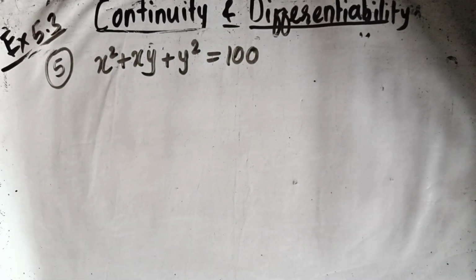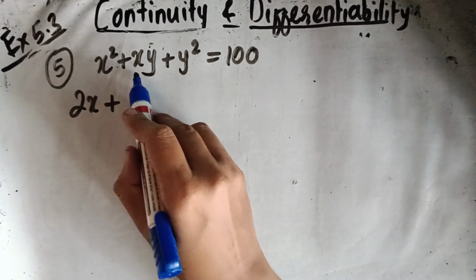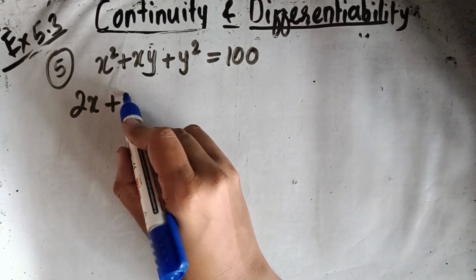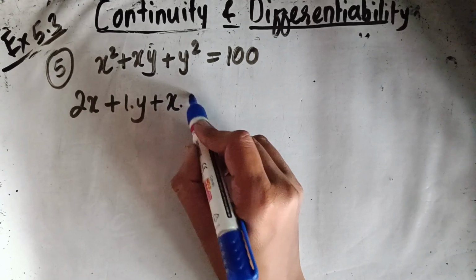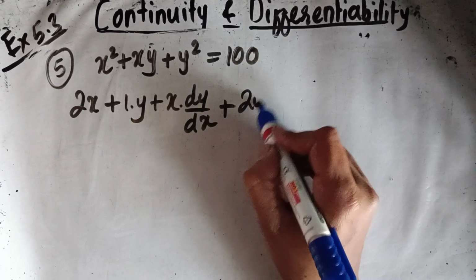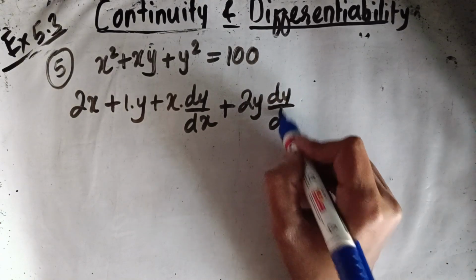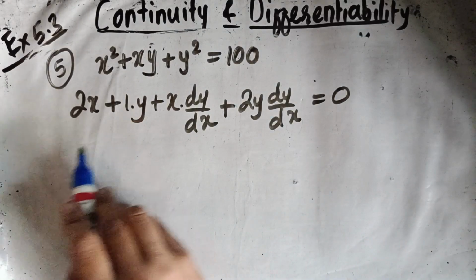Okay. Next question, x square plus xy plus y square equal to 100. So this is 2x plus here uv rule, 1 into y plus x into dy by dx, plus 2y dy by dx equal to, this is constant, so 0. Okay.